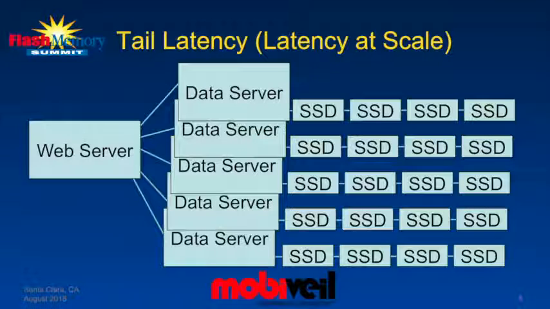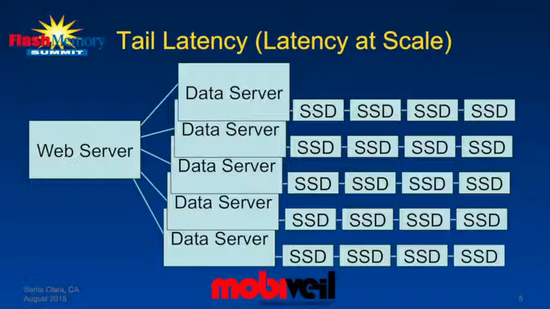Of course, you can't talk about anything that has any latency without talking about tail latency. I'm sure you've heard this a number of times, but it is important for ECC, especially under certain conditions. To define tail latency really quick, you have a web server. It launches parallel transactions to a bunch of data servers. They might go to other data servers, but sometimes it's just a lot of SSDs.